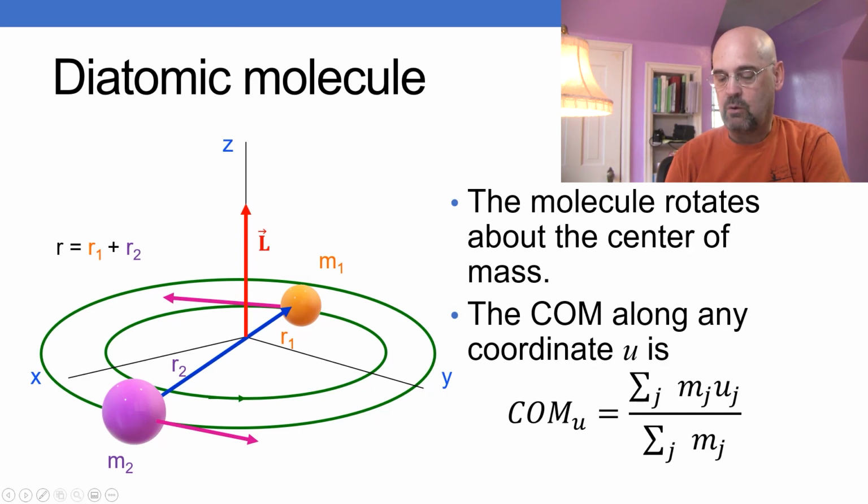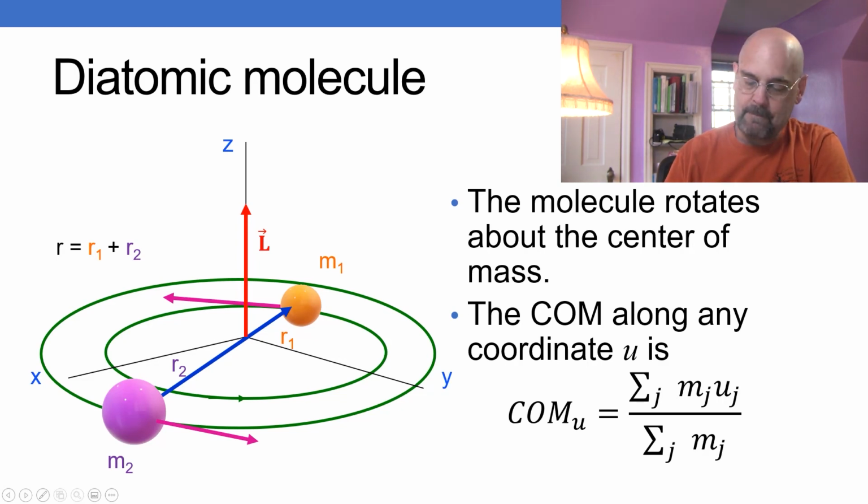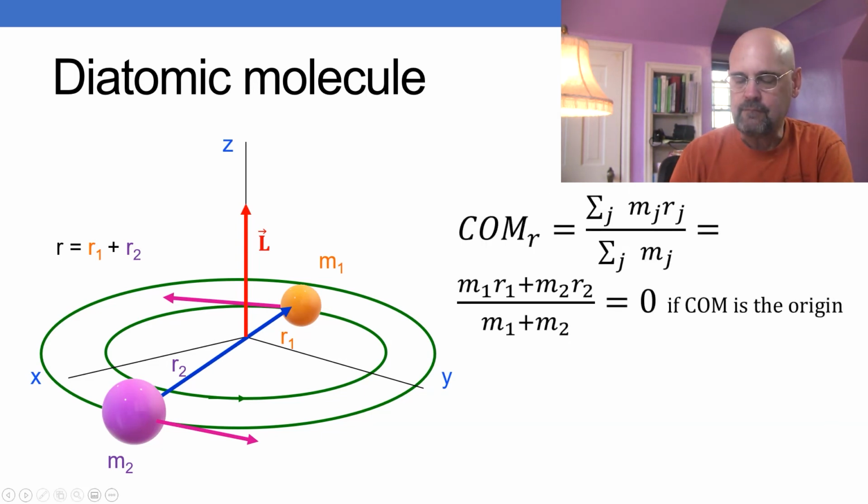The center of mass along any coordinate is just the sum of all the masses times the coordinate divided by the total mass. So in this case, taking our coordinate as r, it's going to be m1 r1 plus m2 r2 divided by m1 plus m2. If we set our center of mass to the origin, then the center of mass must be equal to 0.